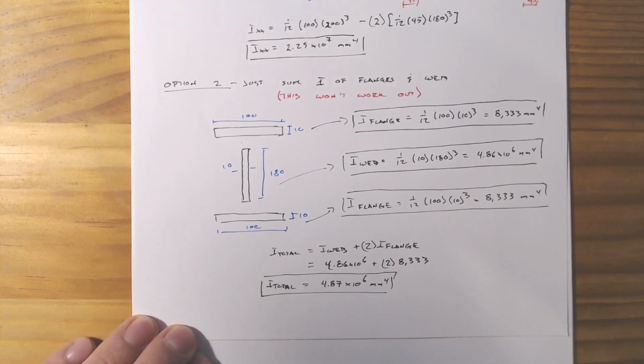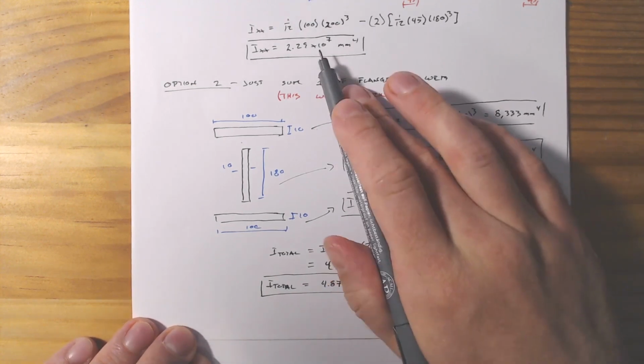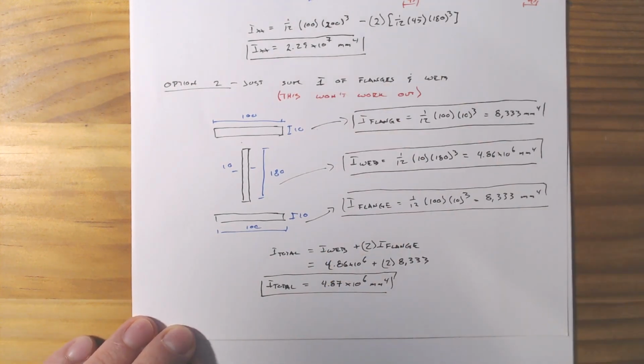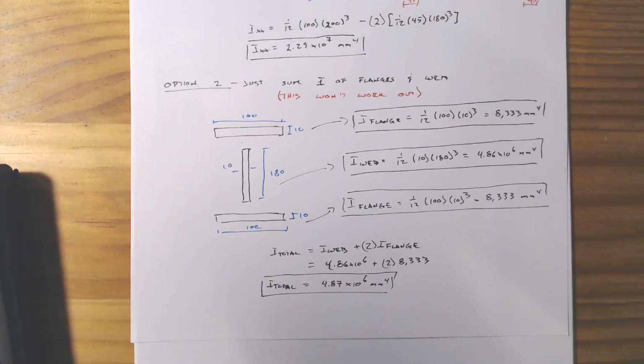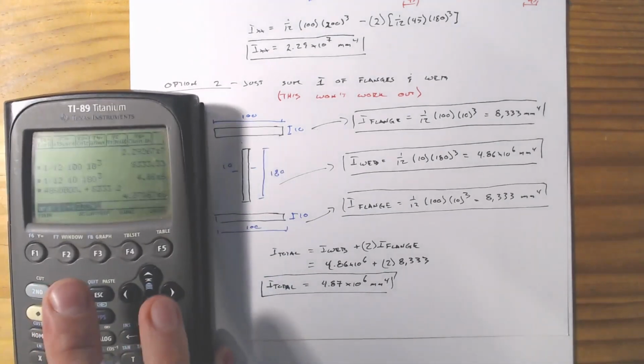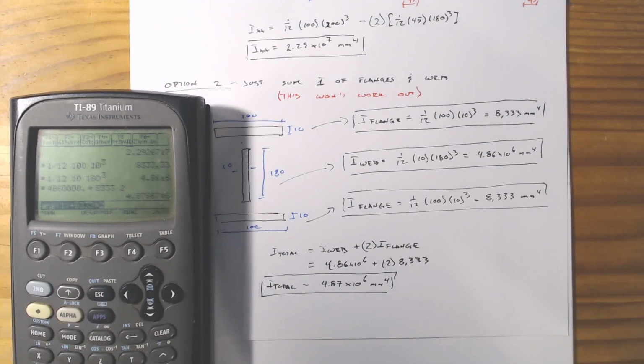So now this should start raising alarm bells. We've got 2.29 times 10 to the 7th and 4.87 times 10 to the 6th. We've got very different numbers here. In fact, let's just work out what our difference is. We've got 4.86 to the 6th divided by 2.29 to the 7th.